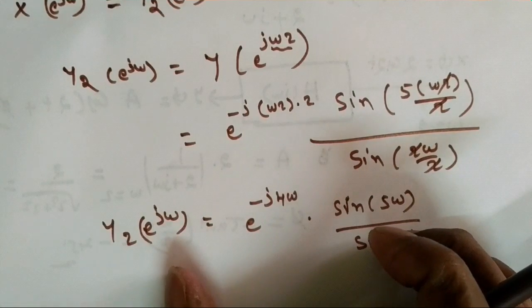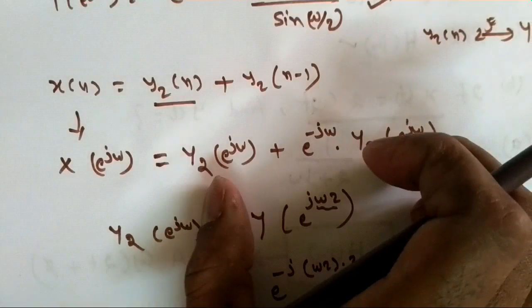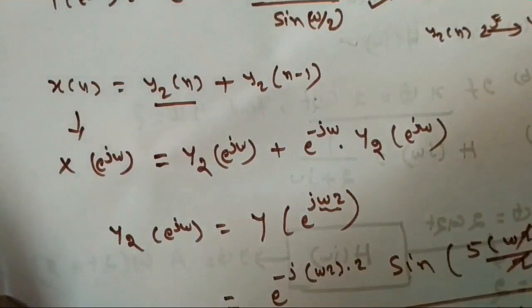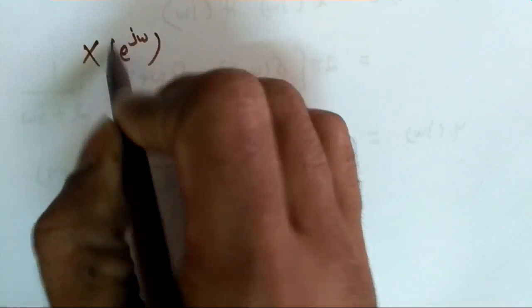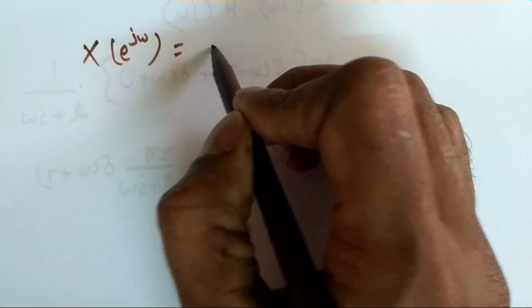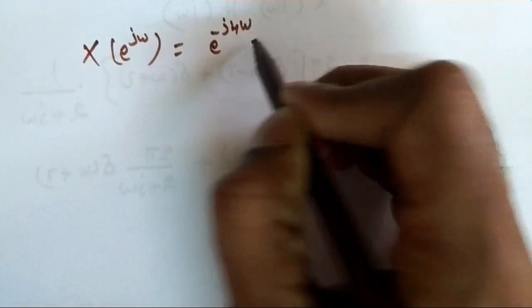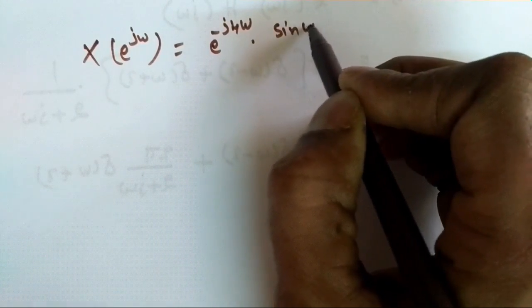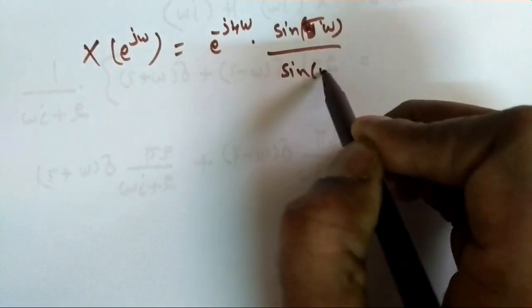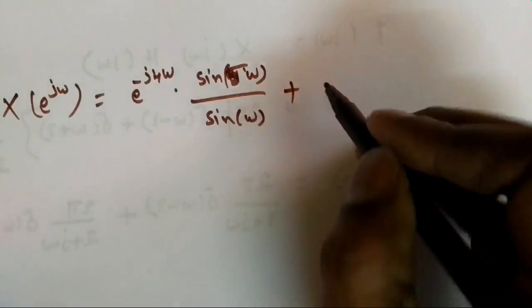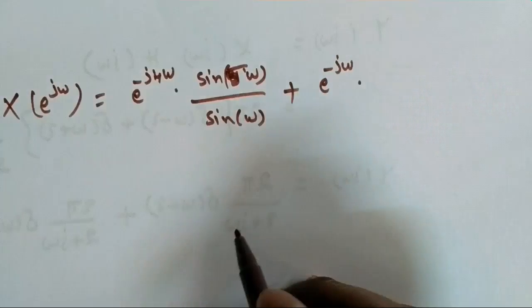Once we know this y2 of e power j omega, we just need to substitute here. So x of e power j omega is equal to y2 of e power j omega, so what we got, e power minus j 4 omega into sine 5 omega by sine omega, plus e power minus j omega into y2 of e power j omega.